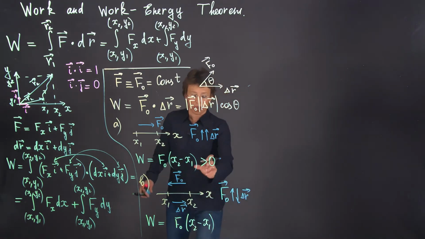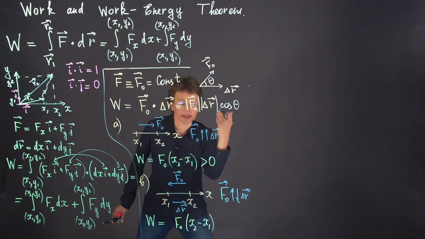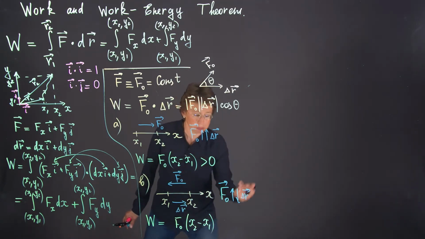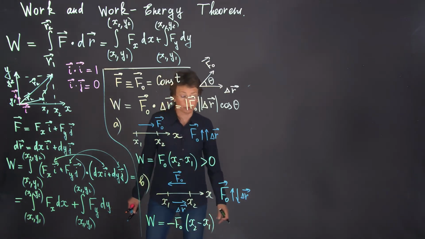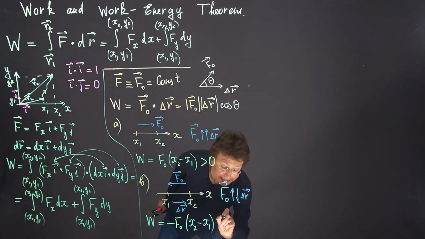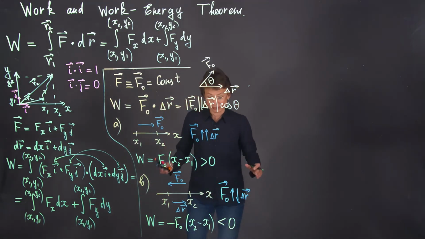So, magnitude, cosine of angle. Angle is pi. They are anti-parallel. Cosine pi is -1. And I will write this minus here in front of this formula. So, work in this case is negative. Force and displacement are anti-parallel.